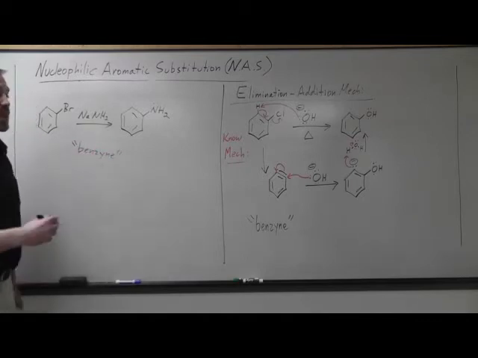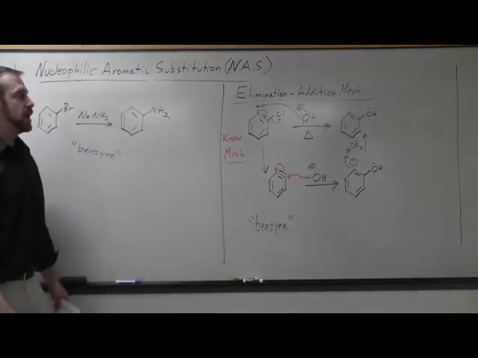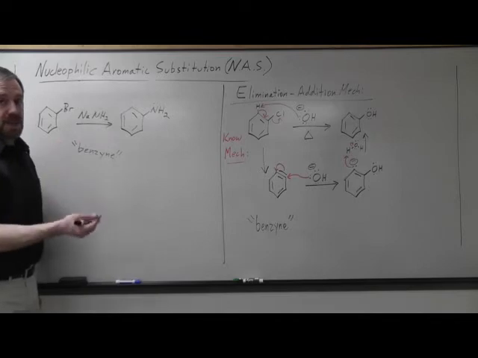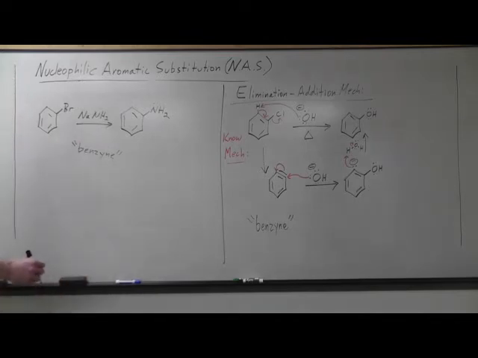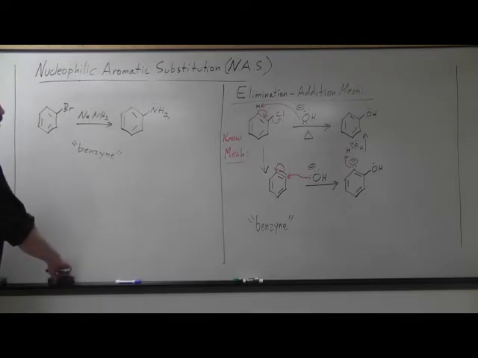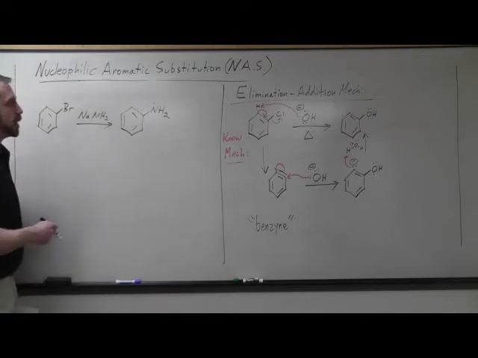It will go through the same exact benzyne intermediate. You'll lose bromine. Amide will act as a base. Then amide will attack, acting as a nucleophile. So I would suggest trying to draw that mechanism out. I can check them for you later.